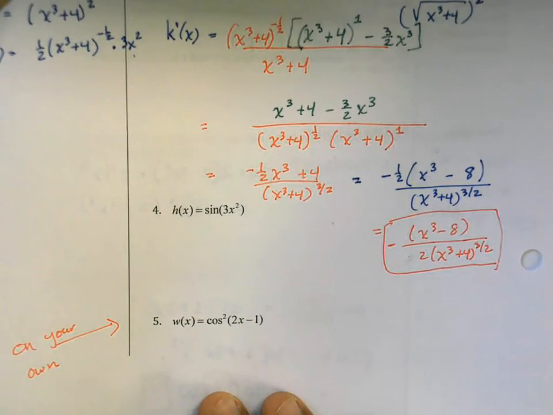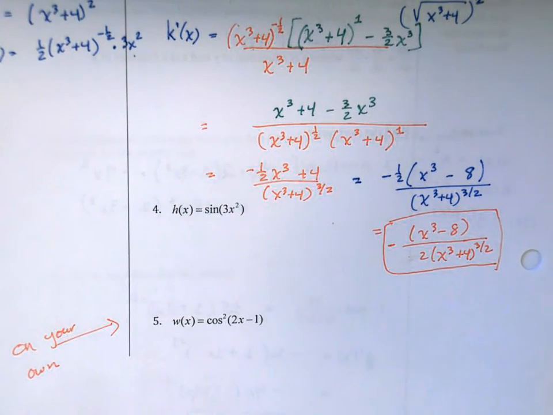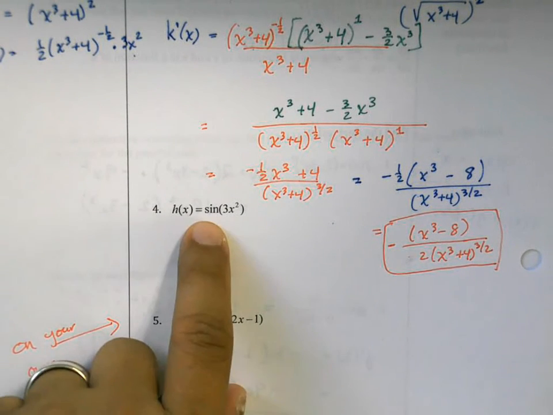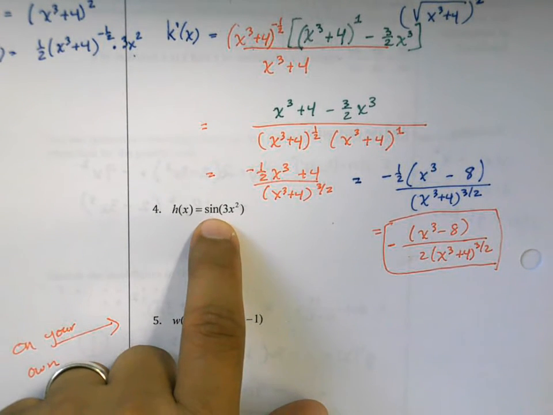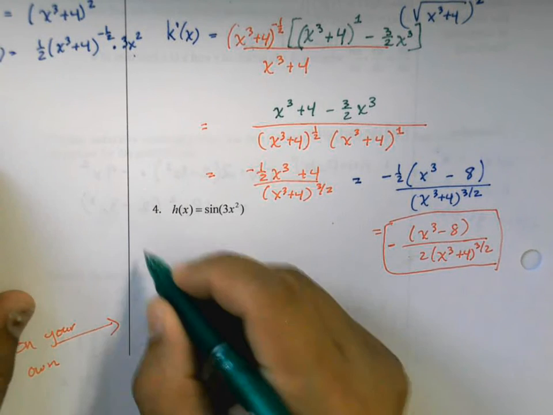So the last one here, try that on your own. The next one I will do with you. Okay. So here we have a function h of x equals sine of 3x squared. So again, the outside function and the inside function are what matter here. You've got to keep track of those. The outside function is sine of x.